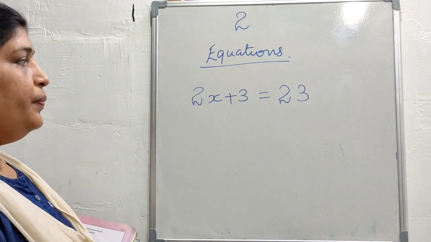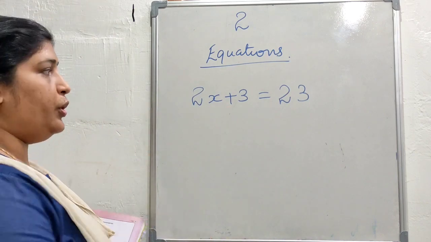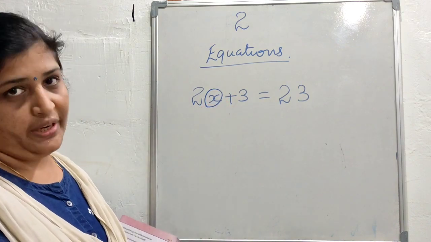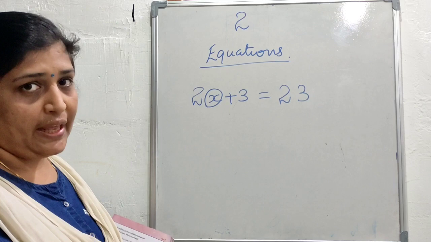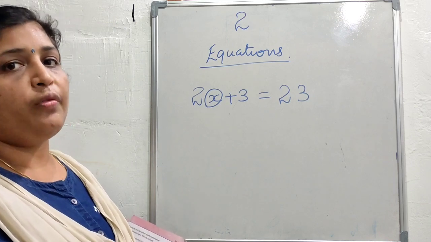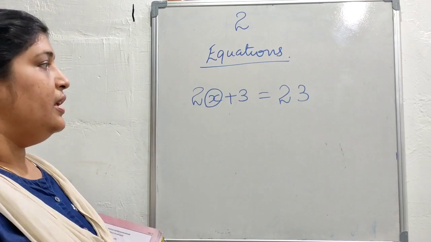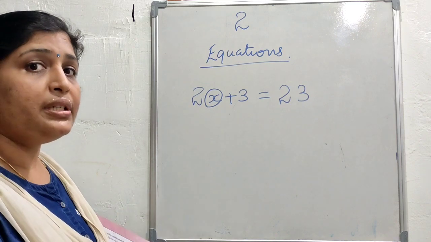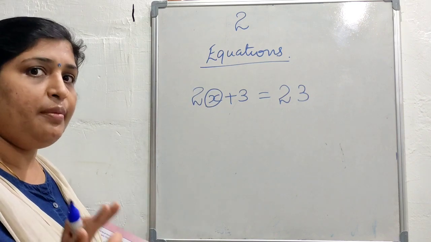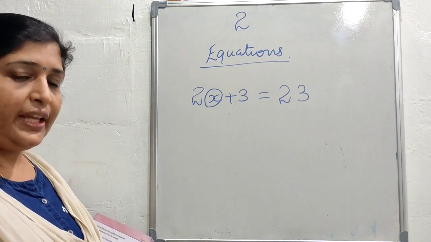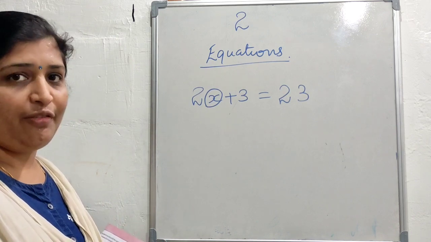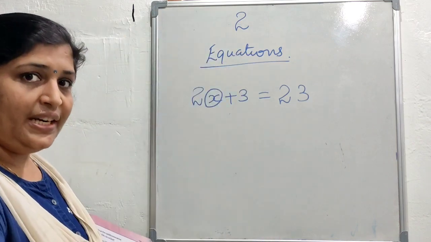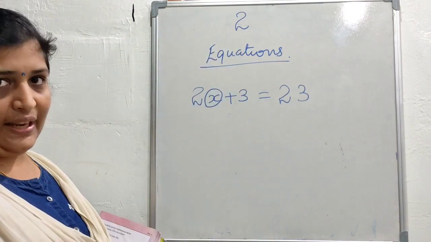To solve this equation, or to find the value of x, that is what we call solving an equation. Finding the value of the variable is called solving an equation. For that, first move the numbers to one side and variables to the other side.